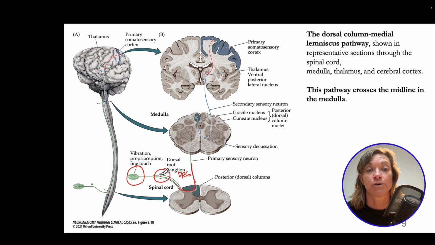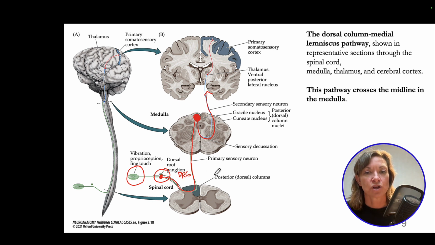The axon of that primary sensory neuron, here it is, ascends in the dorsal columns ipsilaterally all the way to the medulla, where it synapses on one of two nuclei, the nucleus gracilis or the nucleus cuneatus. That secondary sensory neuron, then originating in those posterior dorsal column nuclei, extends an axon which crosses the midline and ascends toward the thalamus. And so the pathway's in two divisions. That's why it's got this name.